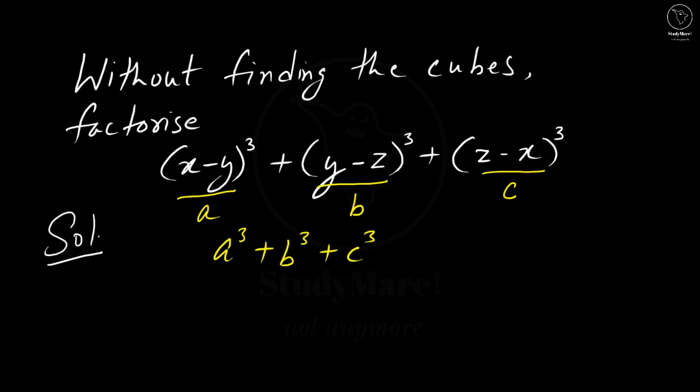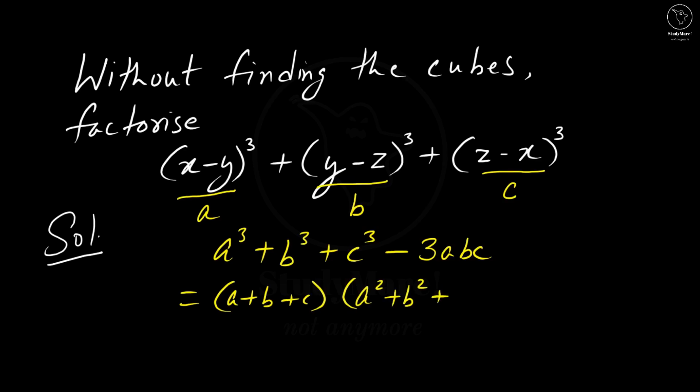And an identity says A cube plus B cube plus C cube minus 3ABC is equal to (A plus B plus C) into (A square plus B square plus C square minus AB minus BC minus CA). But again, this looks complex.